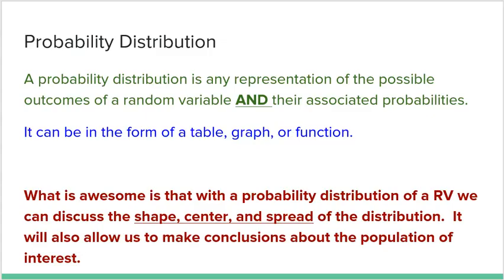So the shape, we know about skewed left, skewed right, uniform, symmetric. For the center, we talk about median, which I'll mention in one moment. And then spread is, are there a ton of outcomes? Are they spread way out? Or are there a very small amount of outcomes that are not spread at all?